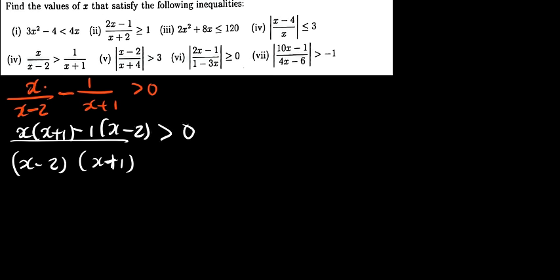Let's try to expand the top part. X times x is x squared. Then x times that one will give me just x, then minus x plus 2. Yes, plus 2.